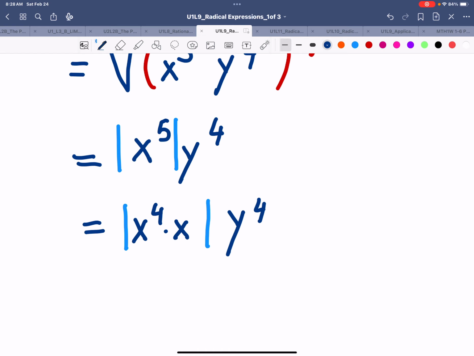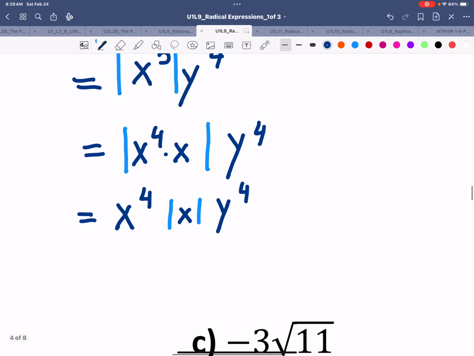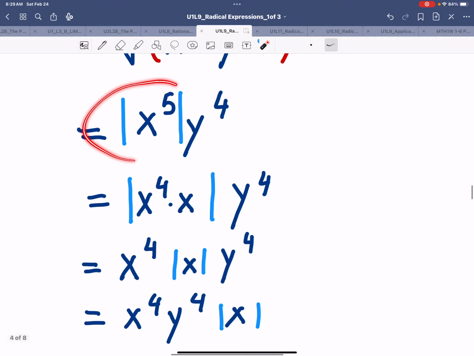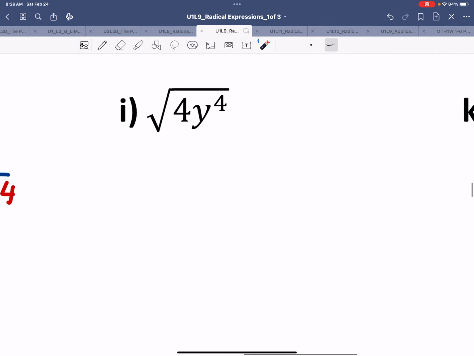Now, x to the power of 4 can come out of the absolute value because it is positive for any real number x, and then we can keep just the absolute value of x inside the absolute value notation, and then y to the power of 4. So either version that we just wrote, or x to the 4, y to the 4, absolute value of x, are acceptable. Now this would be considered a more simplified answer than this one here. So we'll continue with the next question.